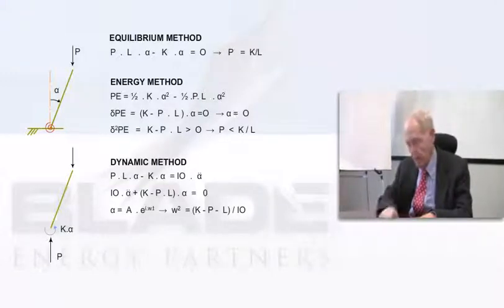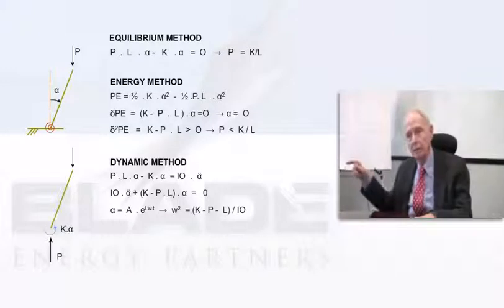So if this number is positive, I get a real number for omega, and then my solution is just a bunch of sines and cosines, and so it'll keep on vibrating forever, but it doesn't go far.